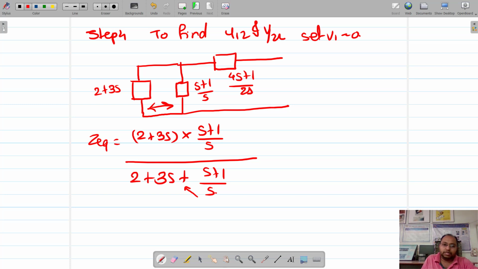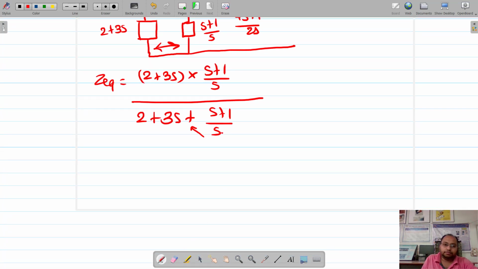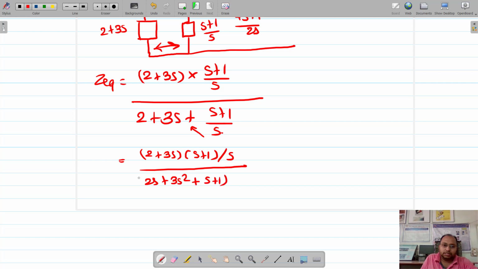Okay, so let us do this. Therefore 2 plus 3s into s plus 1, this is divided by s, right? Okay, so 2s plus 3s square plus s plus 1, this is divided by s, so we can cancel out this s and this s.